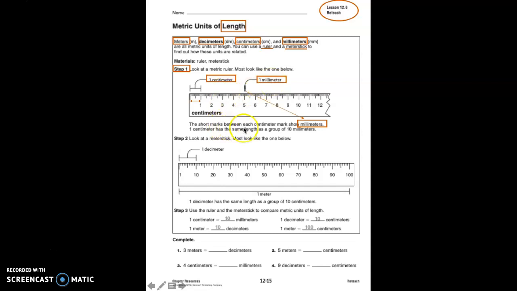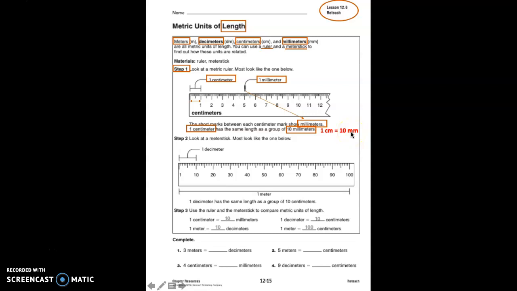The short marks between each centimeter mark show millimeters. 1 centimeter has the same length as a group of 10 millimeters. So 1 centimeter is 10 millimeters.